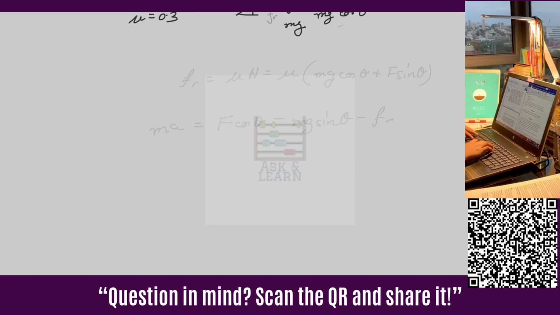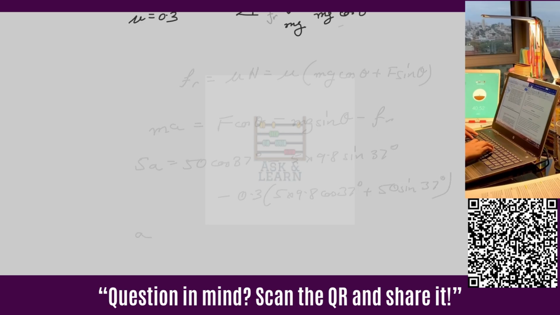Now let's plug in all these values and calculate how much we have. This block is 5 kgs, so 5 times the acceleration, the force F is 50 cos of 37 degrees, minus the mass, 5 times 9.8 sine of 37 degrees, minus the frictional force, which is mu, 0.3, times 5 times 9.8 cos of 37 degrees plus 50 sine of 37 degrees.